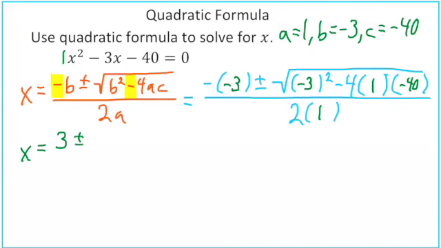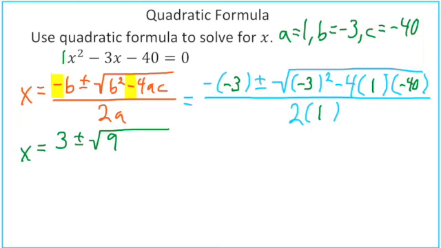Then we have plus or minus the square root, and negative 3 squared is positive 9. That's always going to be positive unless you had a b value of 0, but it will never be negative. Now the next part is the most common place where people mess up the sign. Don't think of it as minus 4ac. Think of that as a negative 4 times a positive 1 times a negative 40.